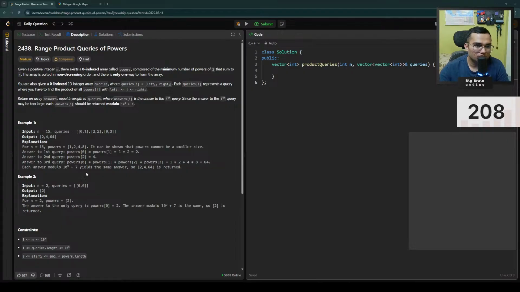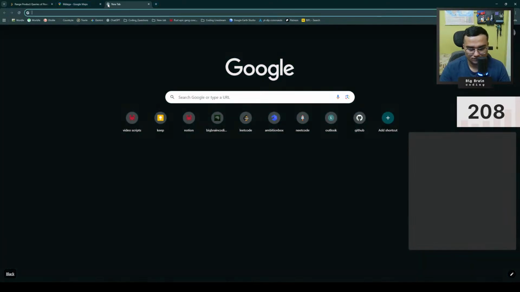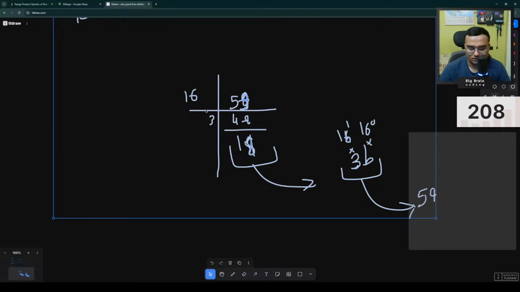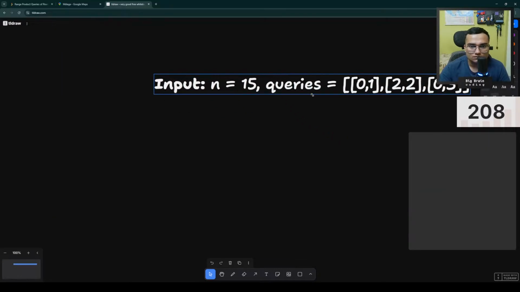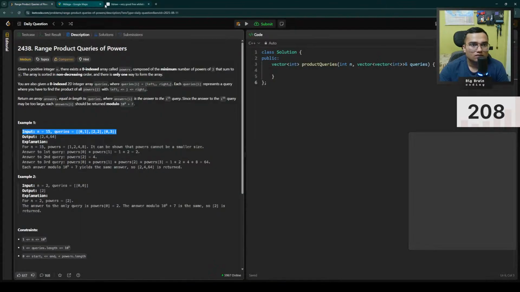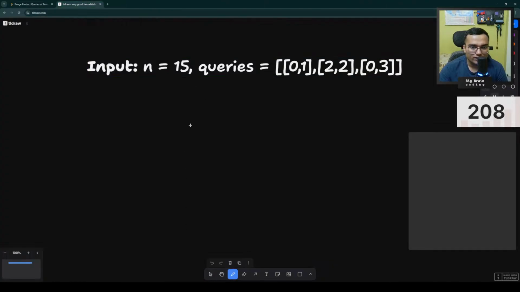Okay, let's understand this question. Given a positive n, they are composed of the minimum number of powers of 2 that sum to n. Okay, so how can I represent 15?